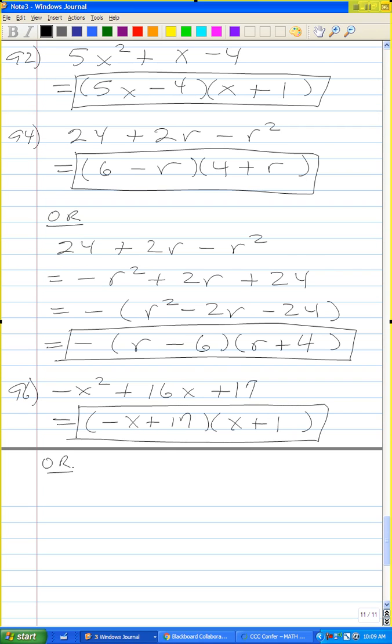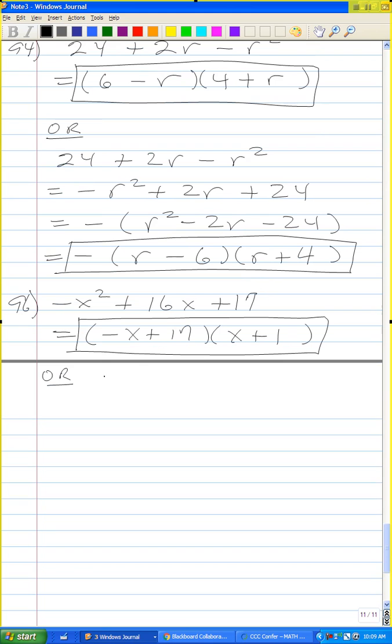Or negative x squared plus 16x plus 17 is a negative of x squared minus 16x minus 17.